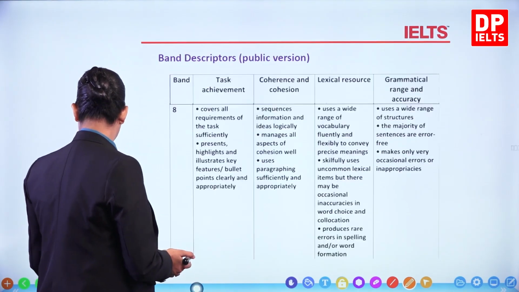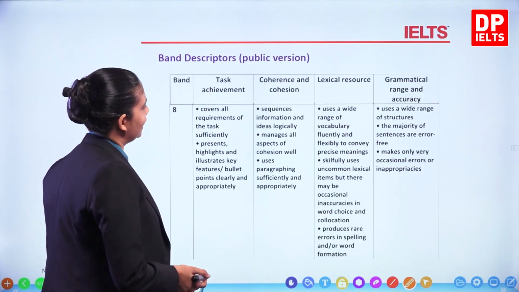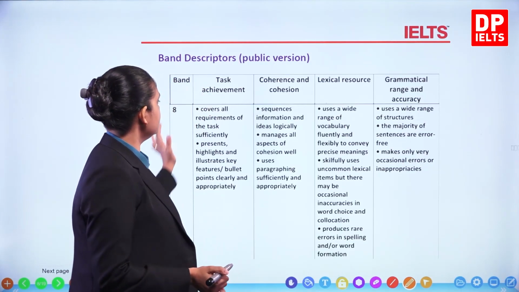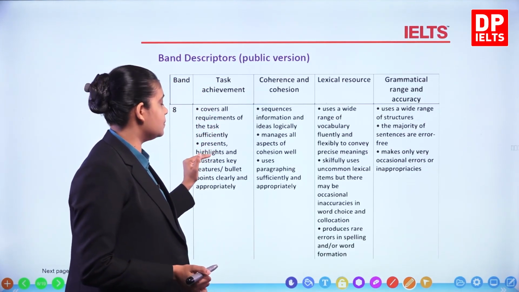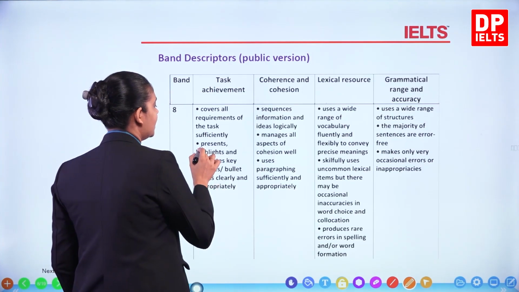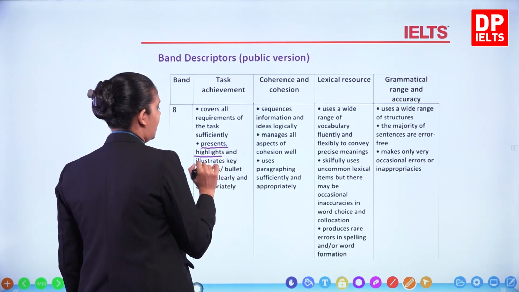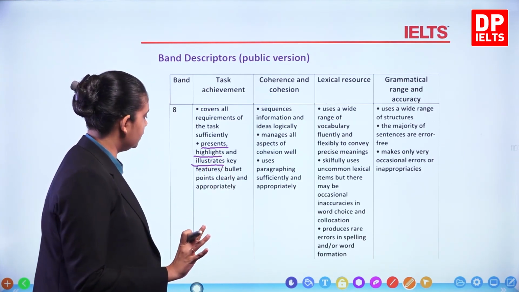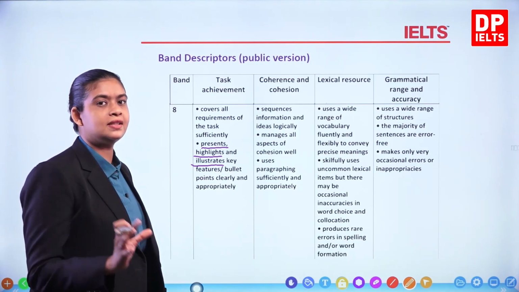All right. When we have a look at 8, this covers all requirements of the task and you present and highlight and illustrate the key features. Alright, so it means you still understand.